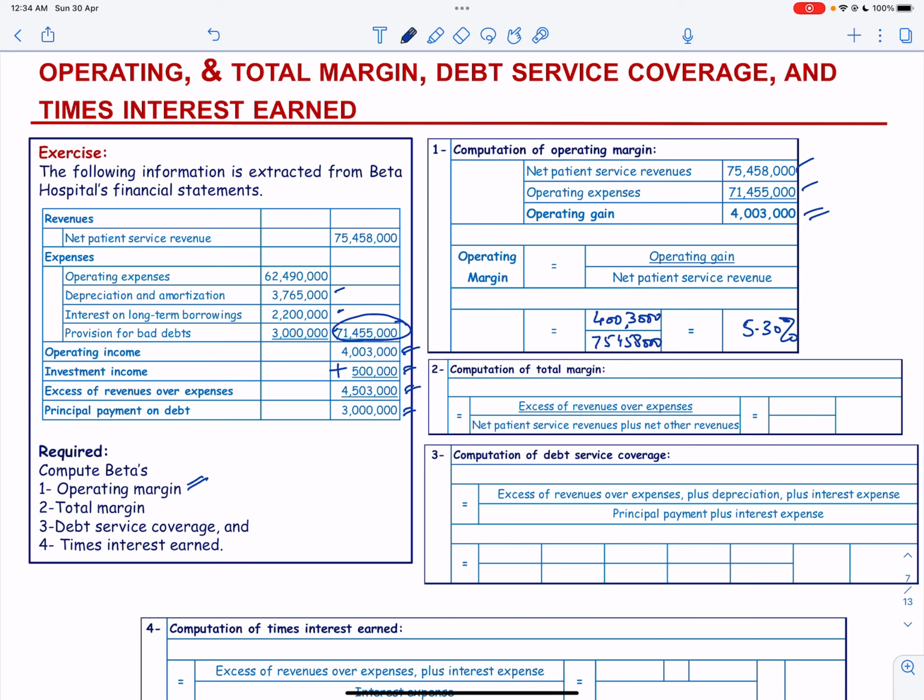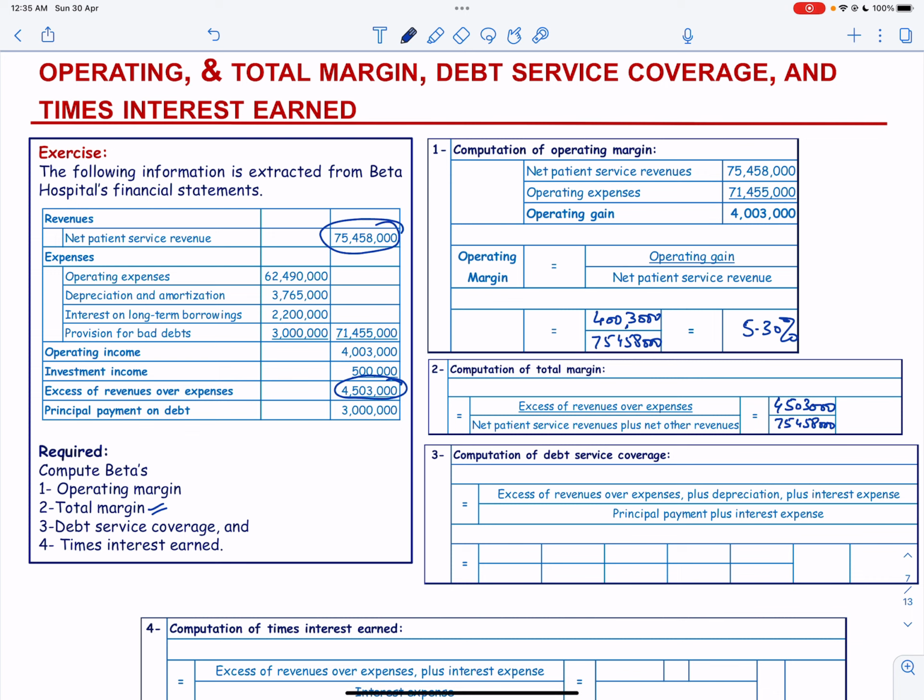So the operating margin is 5.30%. We go to the next one, and in the second case they are asking us to calculate the total margin, and the total margin is excess of revenue over expenses, and excess of revenue over expenses is 4,503,000 divided by net patient service revenue plus net other revenues, and net patient service revenue is 75,458,000.